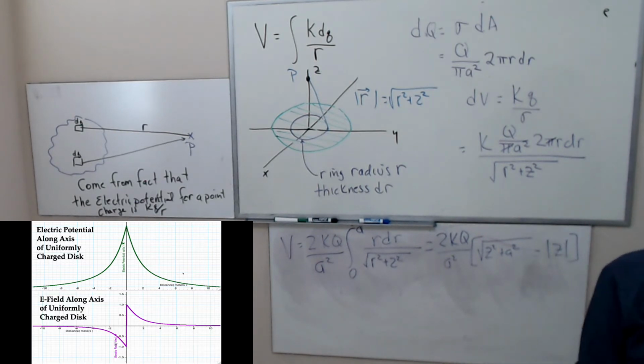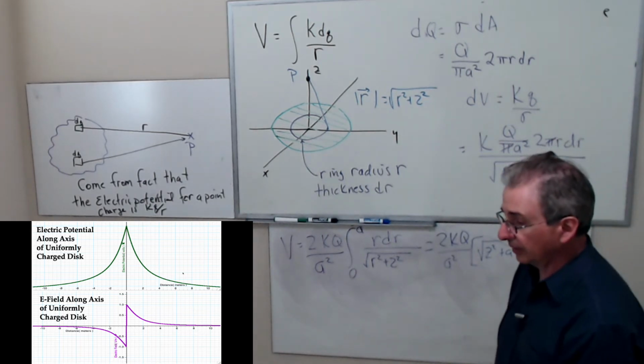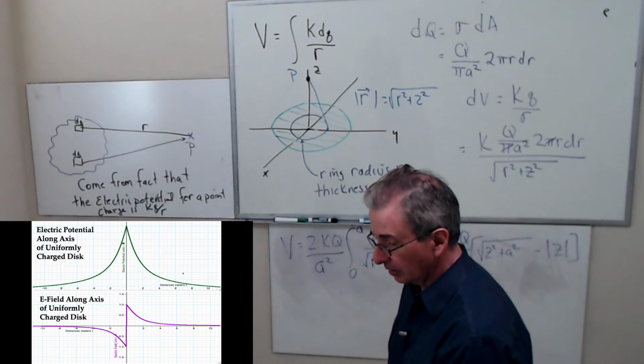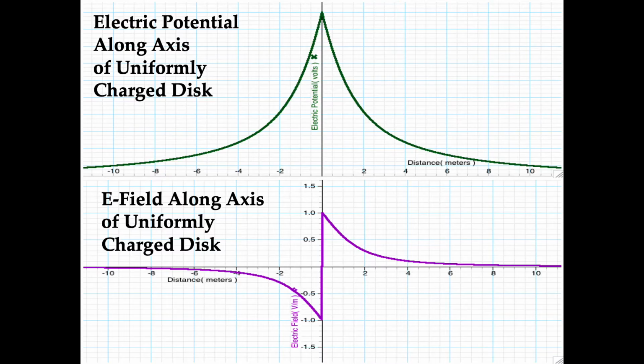If you plot the electric field and the electric potential as a function of Z, you get those two. Let me make my screen display bigger. These two represent graphs of the electric field and the electric potential plotted as a function of Z. The top graph is the electric potential, that function I had on the board.